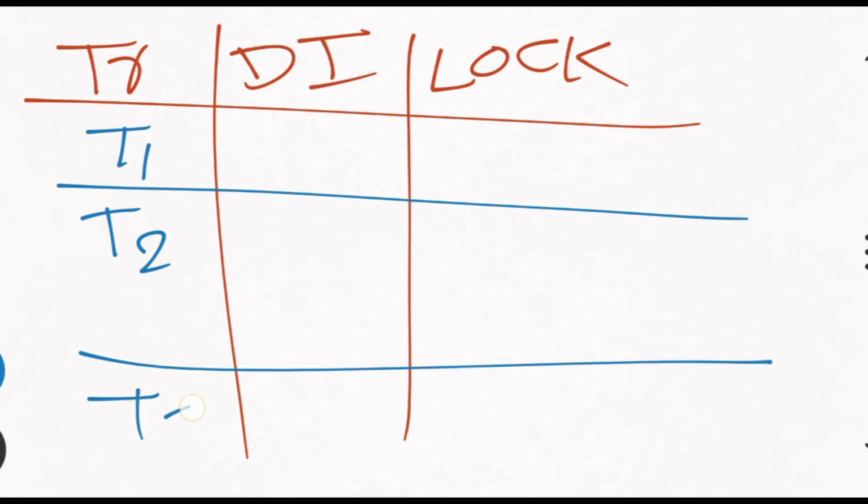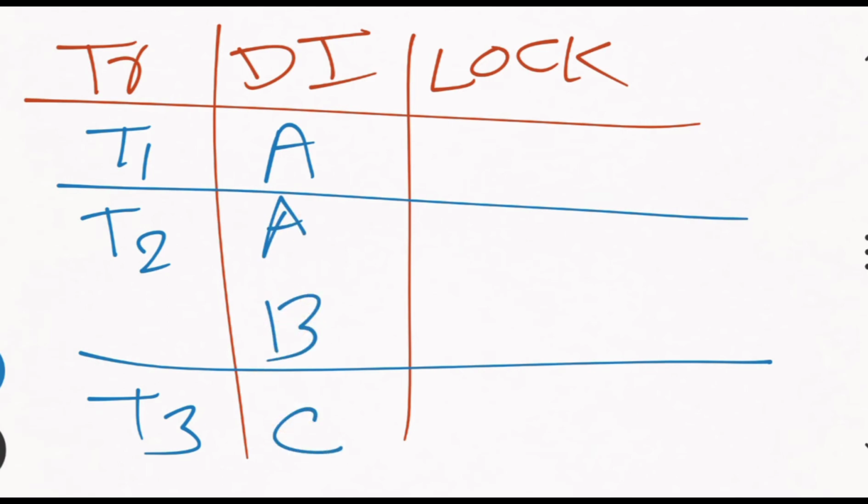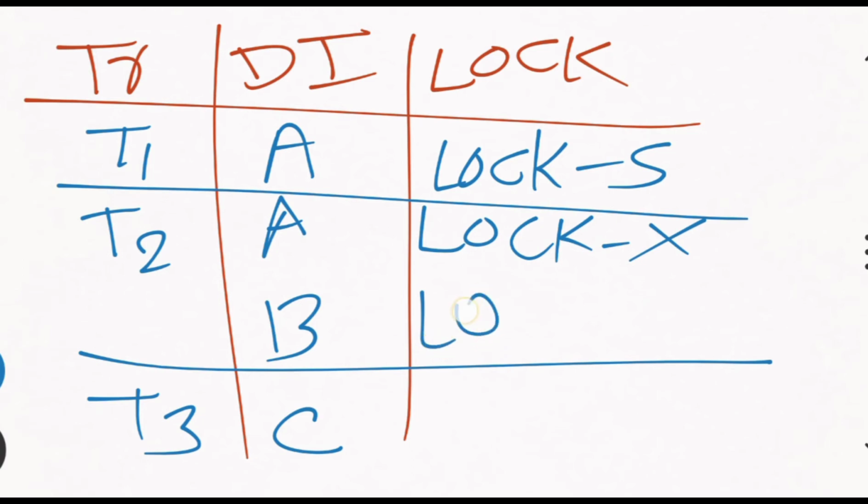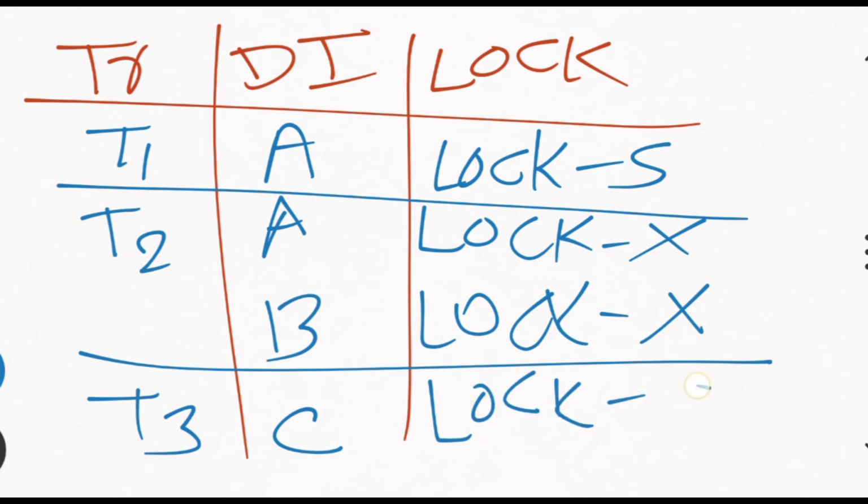Here I have transaction T3, here data items A and B, and here data item C. This data item A I am using in a shared lock, this in an exclusive lock, lock X. This also in an exclusive lock, lock X, and this again in a shared lock, lock S.